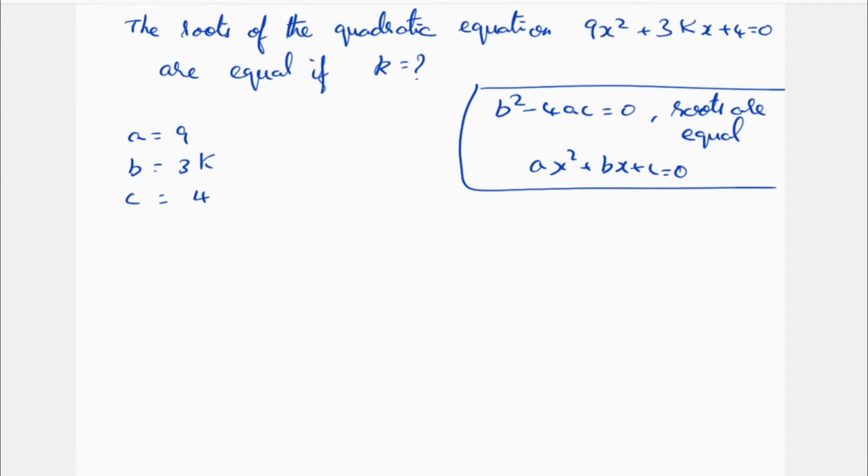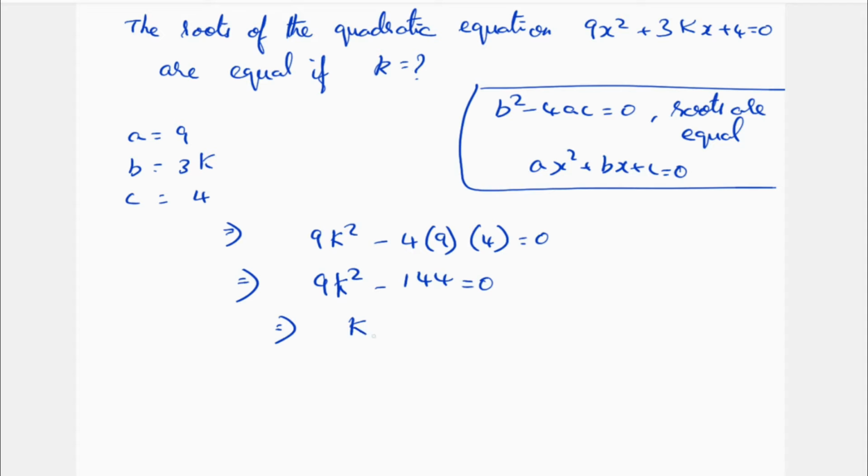So b square minus 4ac must be equal to 0. This means that b square, which is 9k square, minus 4 into 9 into 4 must be equal to 0. So 9k square minus 4 into 9 into 4, 36 into 4, which is 144, equal to 0.